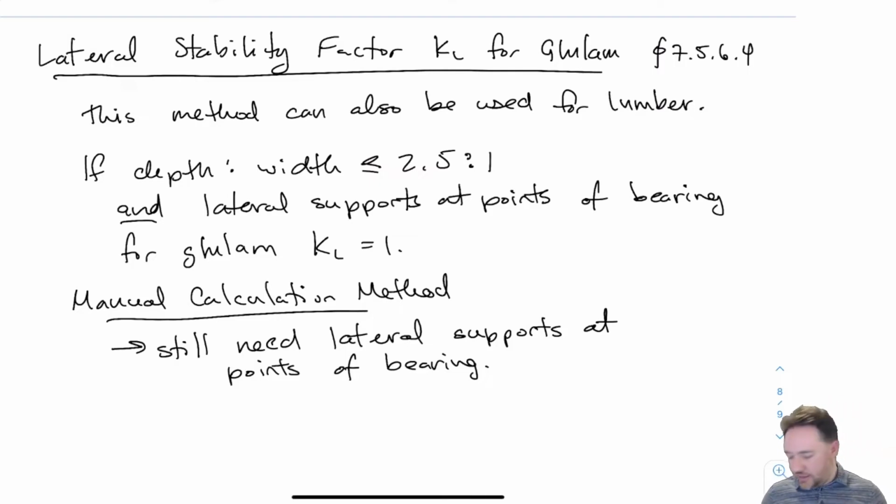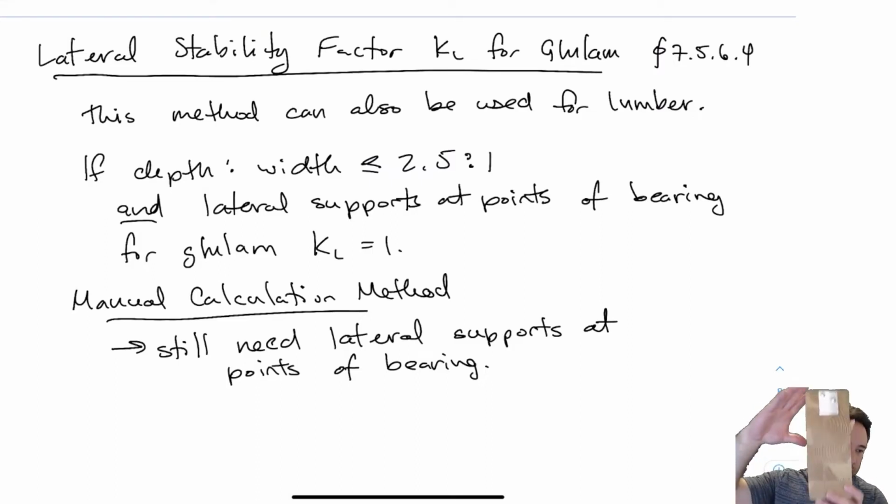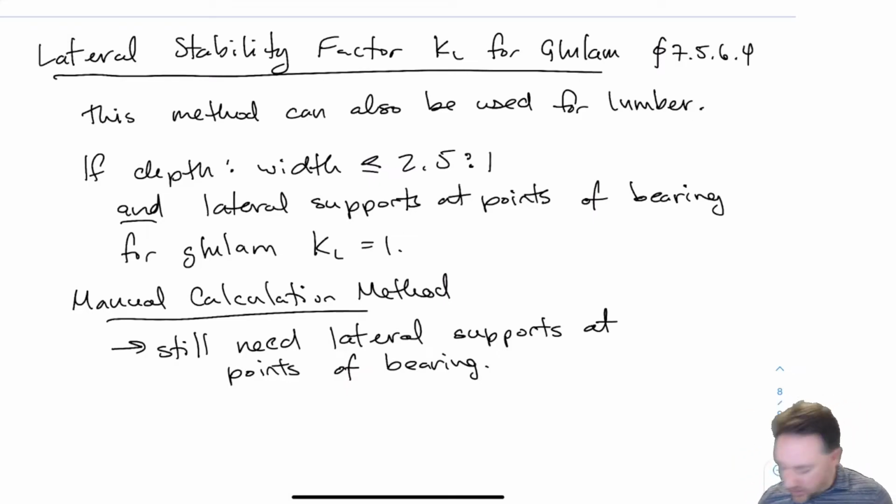So if my glulam depth to width ratio, total depth divided by width, is less than 2.5, then I can automatically consider that KL equals 1, as long as I'm still providing lateral supports at the points of bearing that will prevent lateral movement and prevent rotation at those points. And that is the only category where it's automatic.